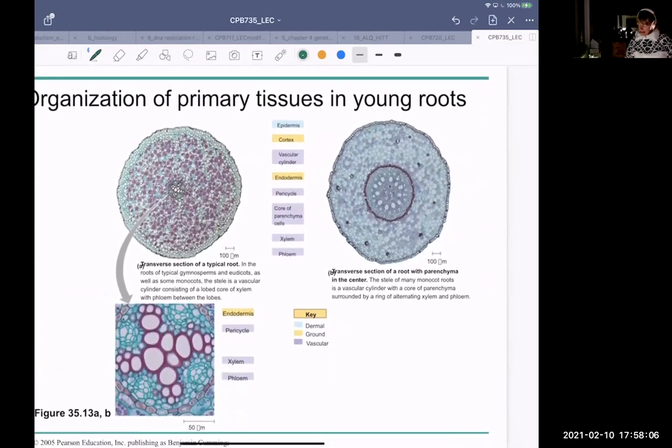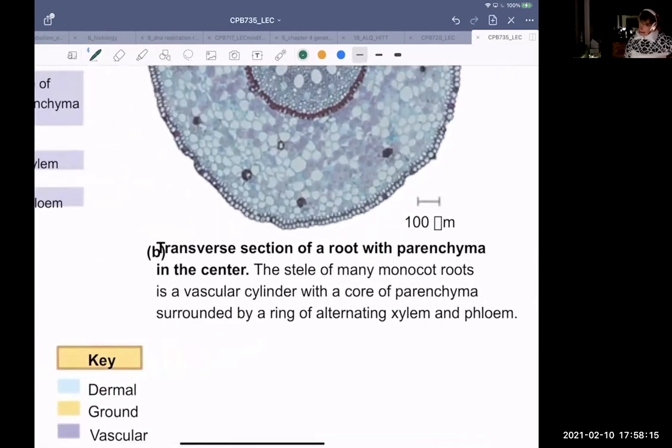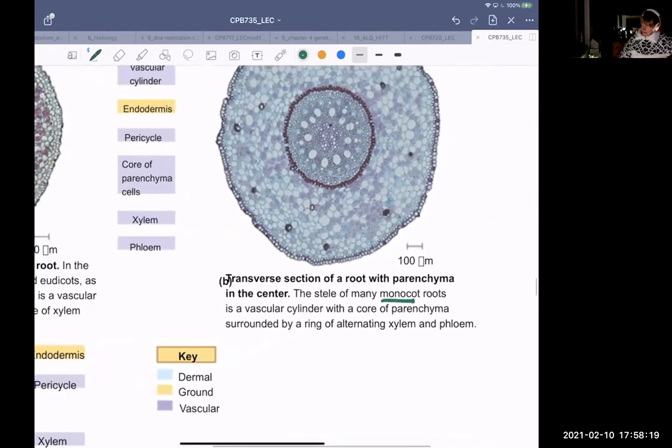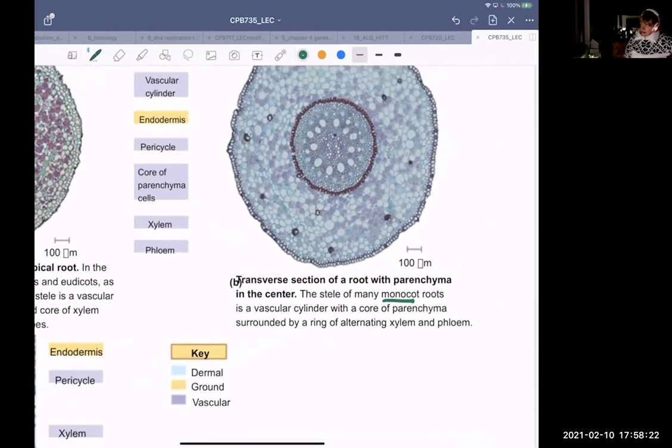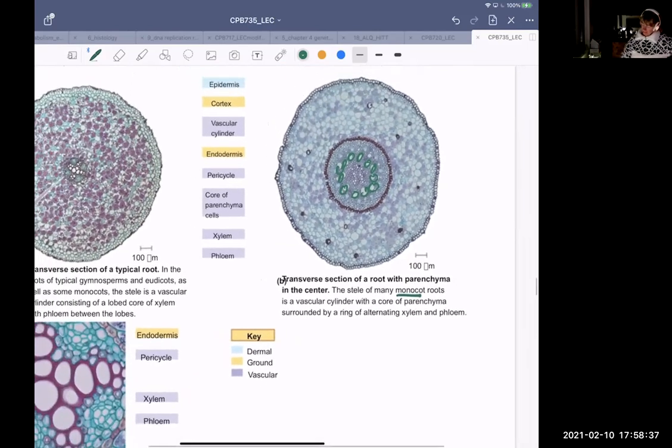So in young roots, it depends on whether the plant is a monocot or a dicot. So this is a monocot root. Here's a ring of transport cells, xylem and phloem.